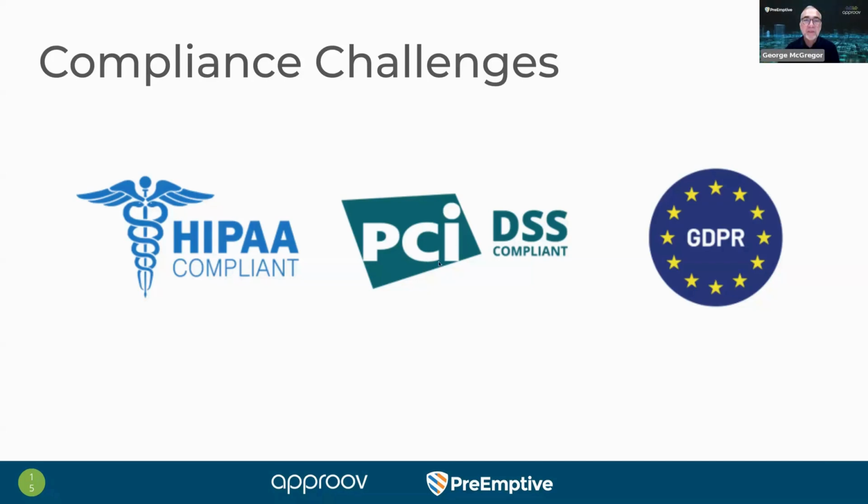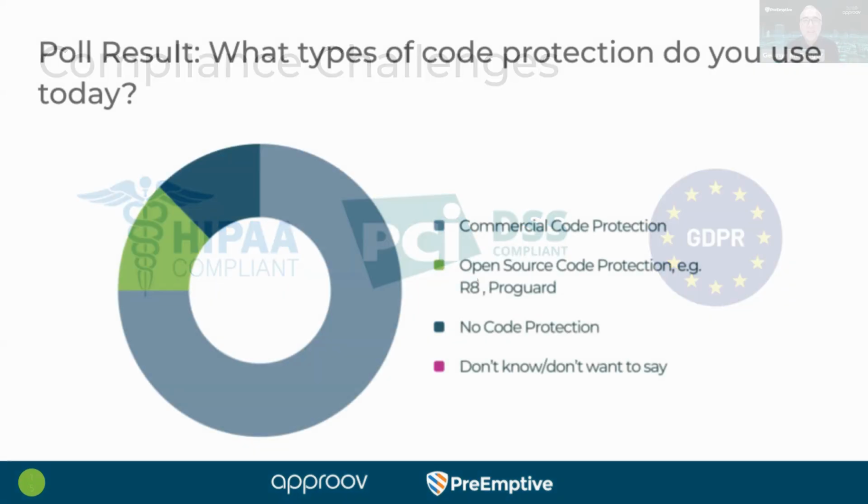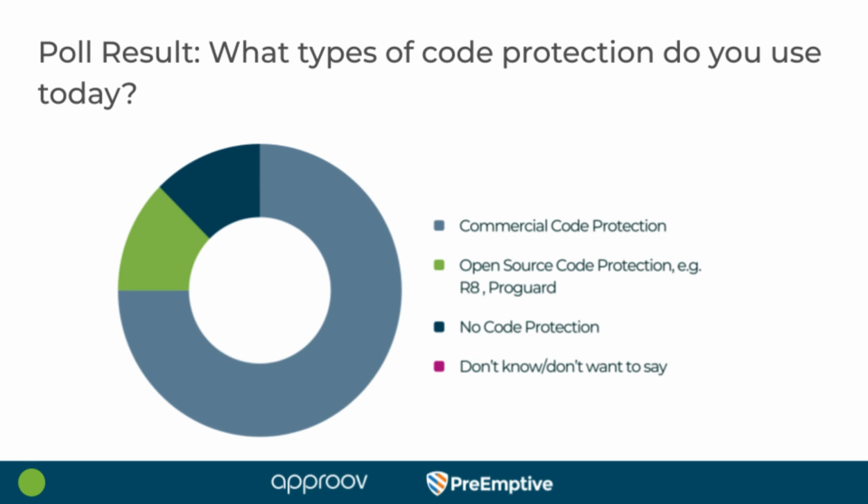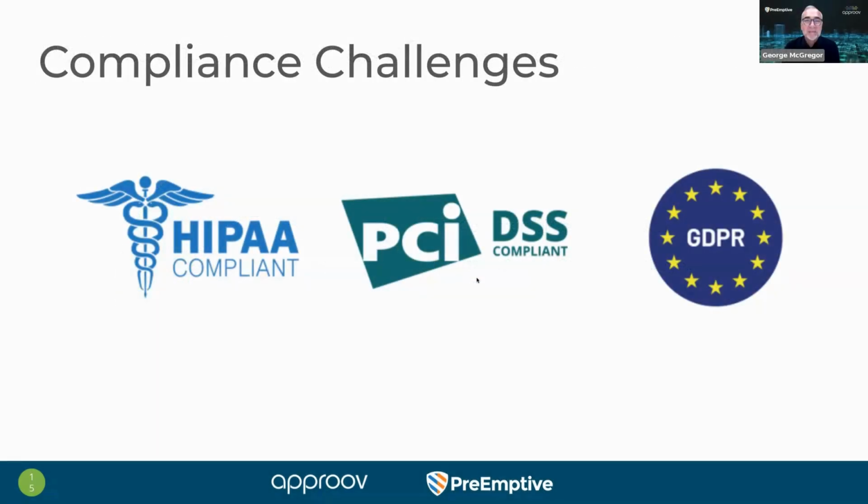So we've had a few responses. Let's share the results. See how you interpret that. Great. So looks like quite a few of us have engaged commercial code protection. So that's great to hear.